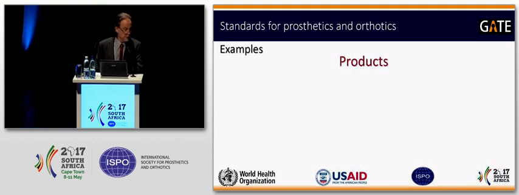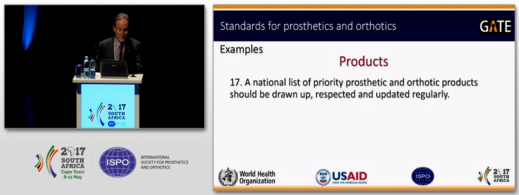Under the products heading, number 17, a national list of priority prosthetics and orthotics products should be drawn up, respected, and updated regularly. Also something that Chapal mentioned before.